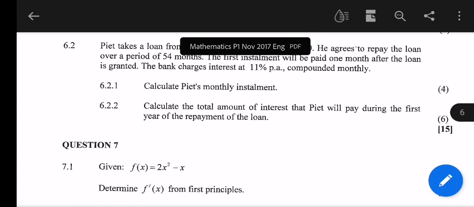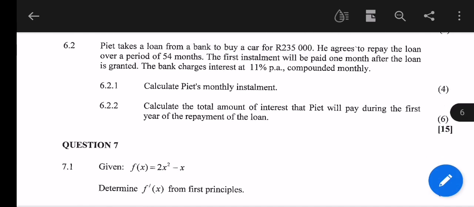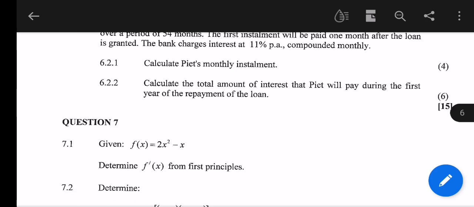Now calculate the total amount of interest that PIT will pay during the first year of the repayment of the loan. During the first year, what it means is after 12 payments, a year is made up of 12 months. So it means PIT is going to pay 12 monthly installments.